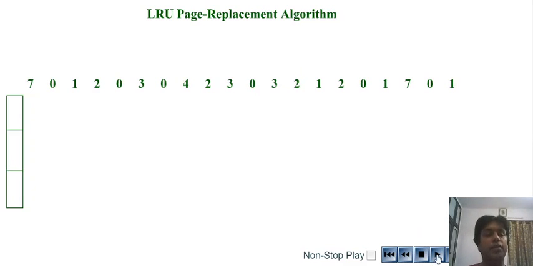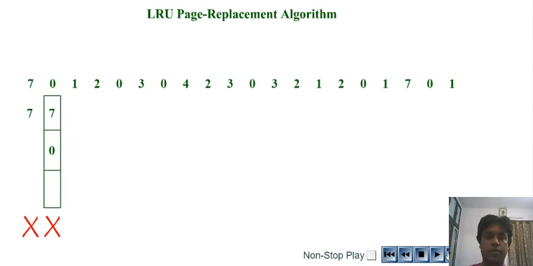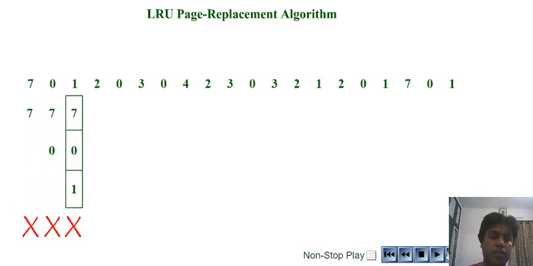Okay, so initially for the first 3 frames it will be a page fault because initially my memory is empty. So you can see 7, 0, 1, my entire memory was empty, and so again it will be a page fault where you did not find anything. Now the question comes where we are going to replace 2 with. Now as the name suggests, it is going to replace the one which is least recently used. Now as we see, 1 was used most recently.